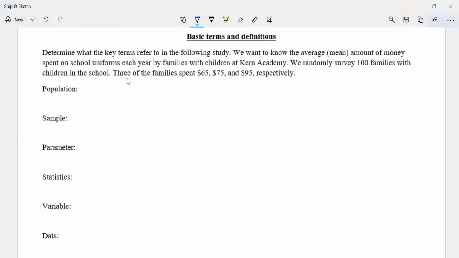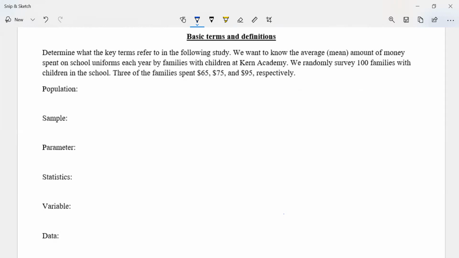Now, looking at the last thing, it says 3 of the families spent $65, $75, and $95 respectively, right? I sampled 100 people, 100 families. What type of answers do I expect to get? That's what we call data. So what I will write for my answer is the money spent on school uniforms by families with children at Kern Academy. Examples could be $65, $75, $95, and probably $100.